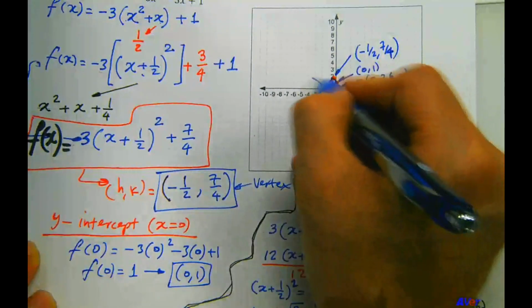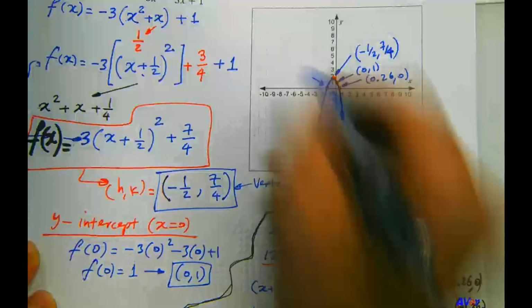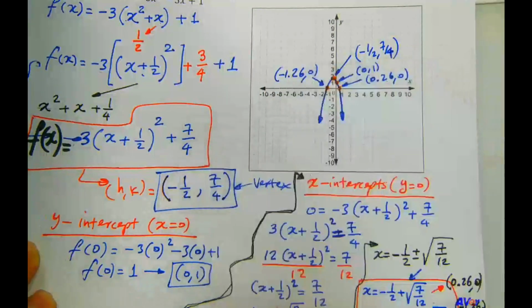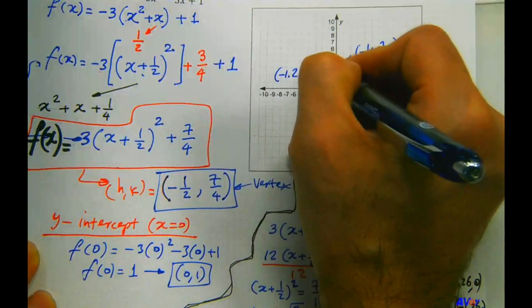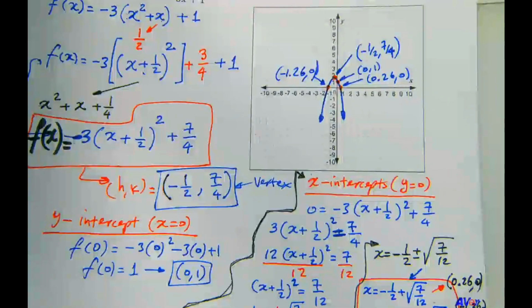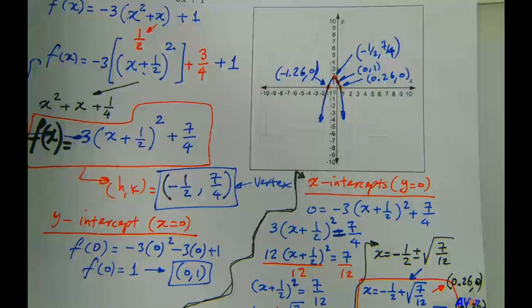And finally, this x-intercept is negative 1.26, 0. Okay. So let's go to the computer and do a much nicer job of graphing this. Again, please don't mind the glitch in your screen as I switch to the computer.